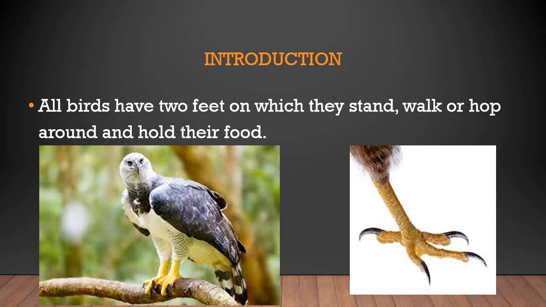This is the common feature for all birds, but some birds have different kinds of feet because they use them for different purposes. That is what we are going to learn in the following video.